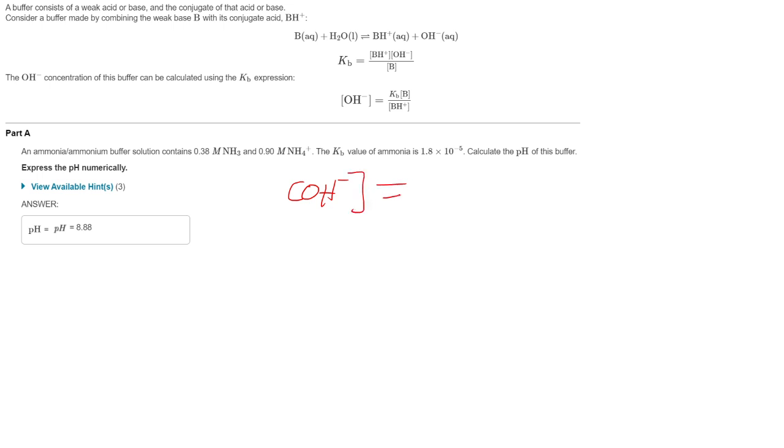So we find the OH minus by taking the Kb, 1.8 times 10 to the negative 5, and we multiply that by the base, and that's 0.38. And then we divide that by the acid, which is 0.90, which is this one right here.